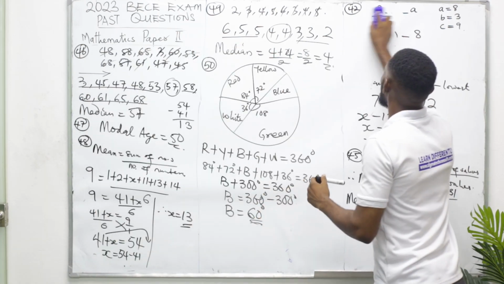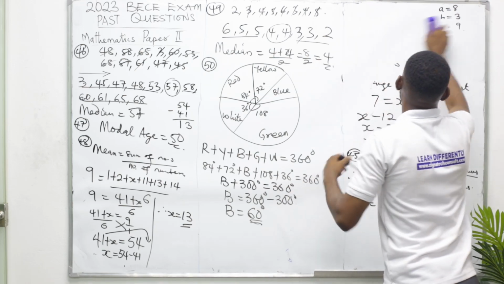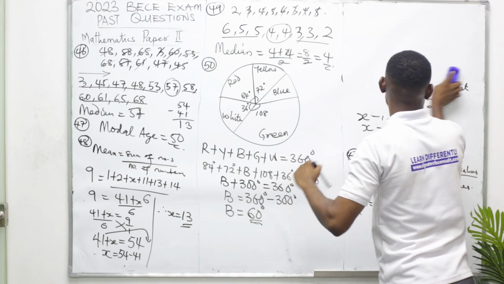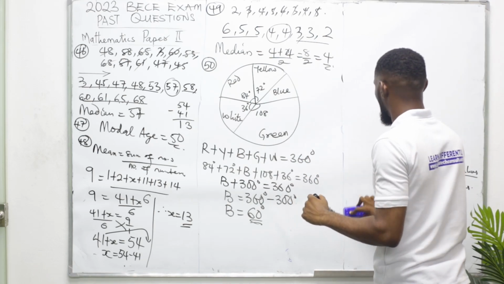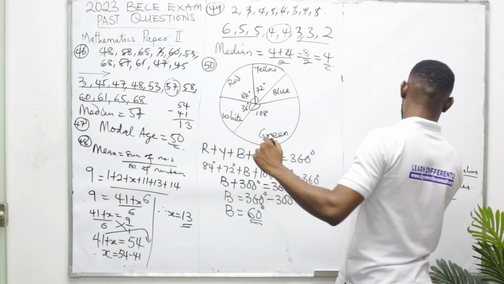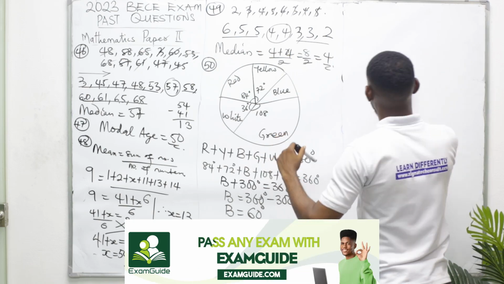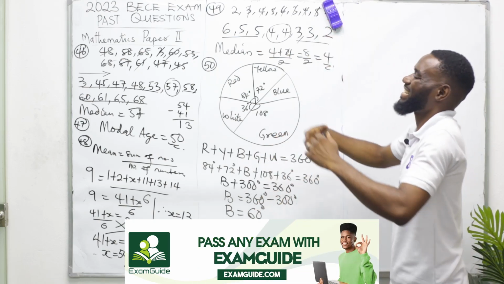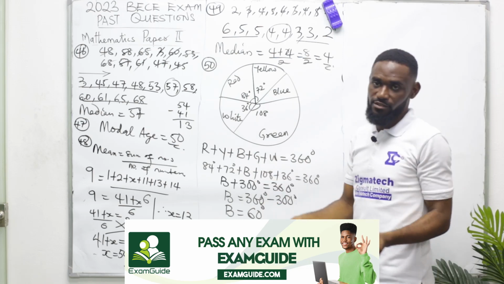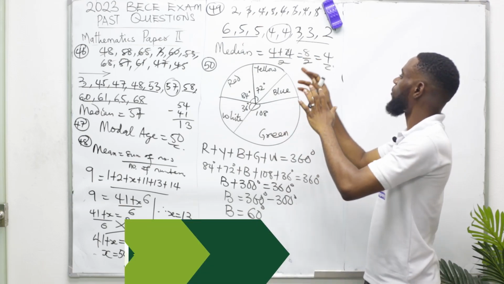If you read the question, it says that we have 600 students in the school. From the representation of that information in a pie chart, 72 degrees of the entire 600 students covers yellow house.